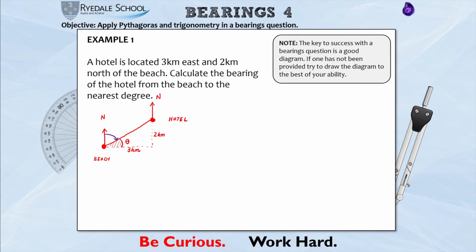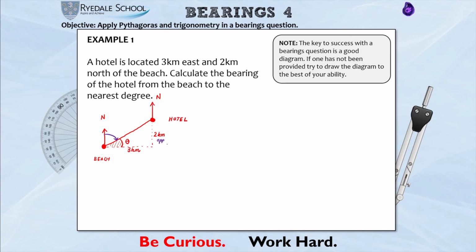Sometimes you might find today you'll be adding on to 90 degrees, you might be subtracting from 90, or adding on or subtracting from 180 or 270. It all depends what your diagram looks like, and that is why the diagram is key. So I'm going to label some sides.